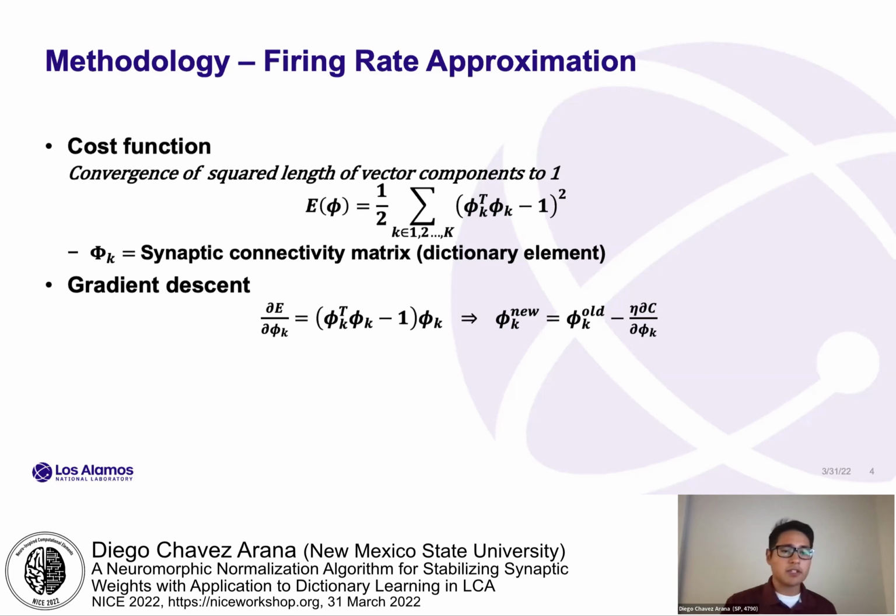Otherwise, if the connectivity matrix does not have a value of 1, it will have an effect on the synaptic updates, and it will try to reduce the values to length 1. To minimize this cost function, we use gradient descent, where the update is denoted by the new and old subscripts, which will help converge the synaptic connectivity values of phi to unit length asymptotically.